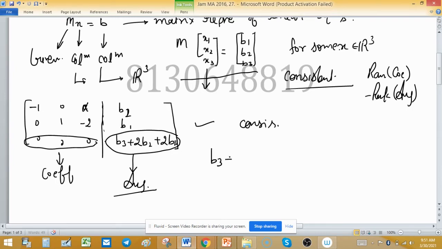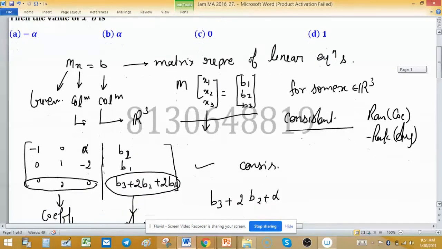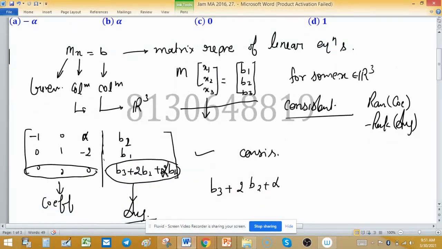So B3 plus 2 times B2 plus alpha B1 equal to 0. I think I made a mistake here. This is alpha.